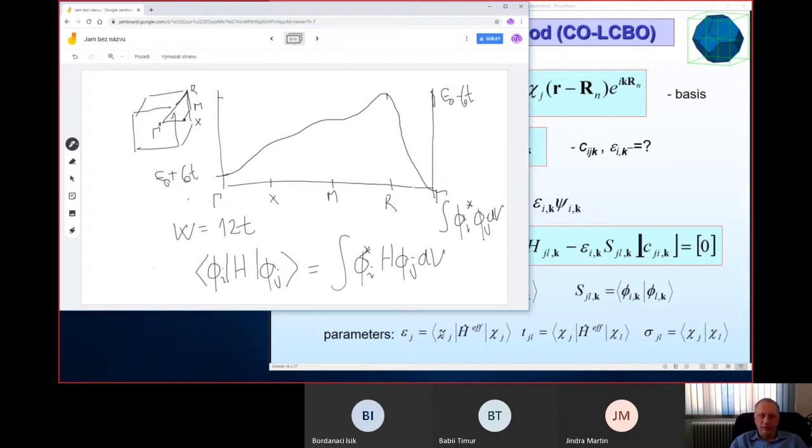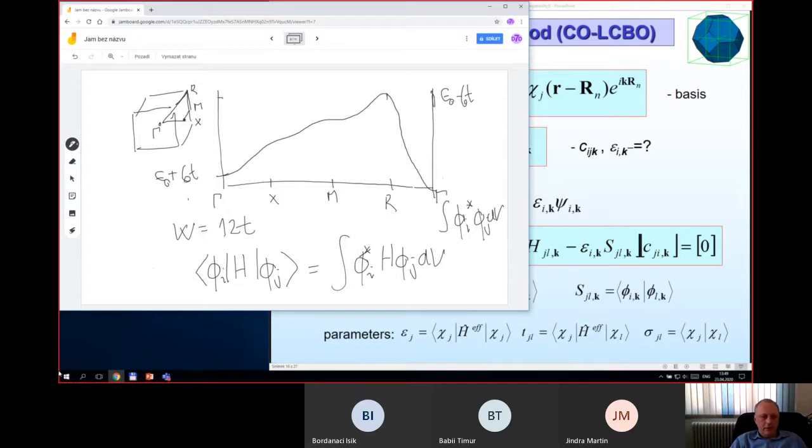And again, in these overlap integrals, which are these S_jl values, we consider again the overlaps between a given atomic orbital itself, which is equal to 1, and then between the nearest neighbors at maximum.